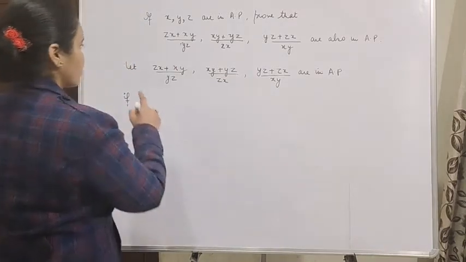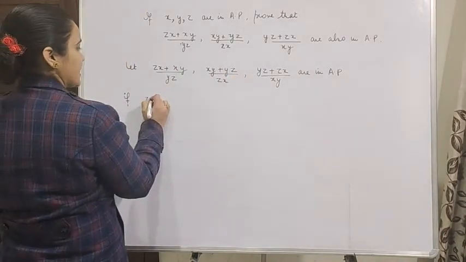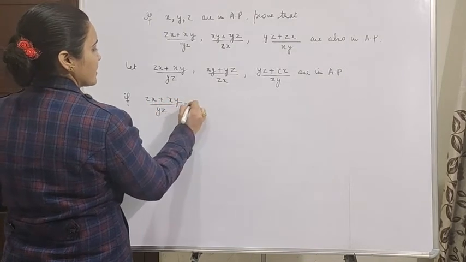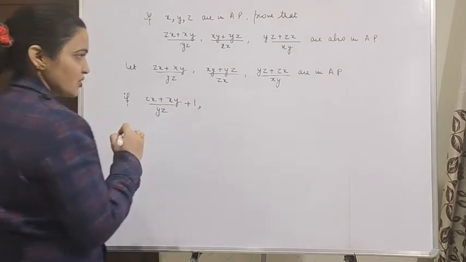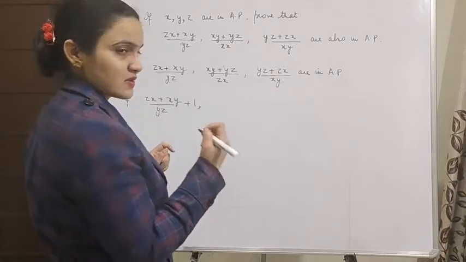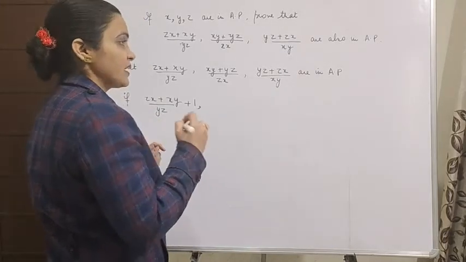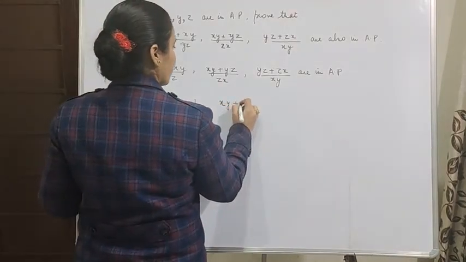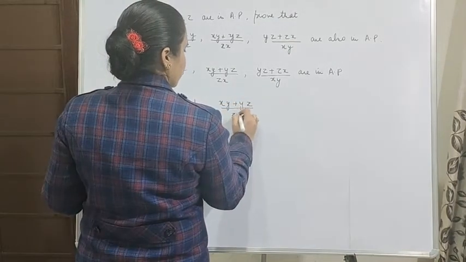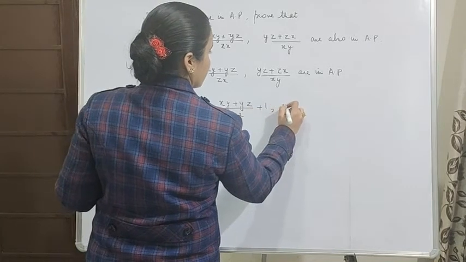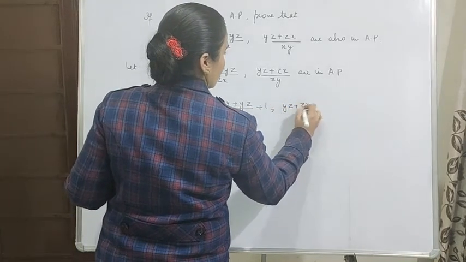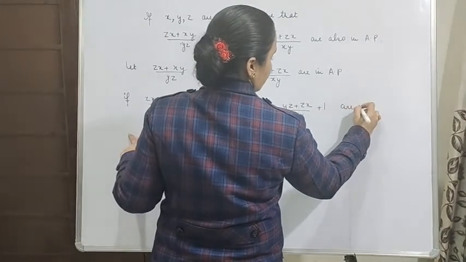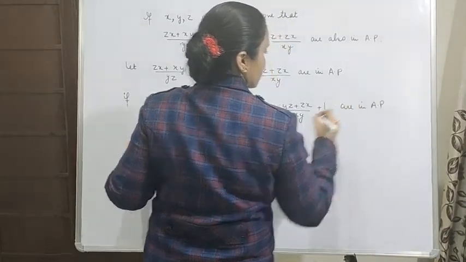ठीक है. सो दिस इज एन AP, if (zx plus xy) upon yz plus 1, क्योंकि अगर हम कोई भी कांस्टेंट ऐड करते हैं, सब्ट्रैक्ट करते हैं, मल्टीप्लाई या डिवाइड, दैट विल नॉट चेंज अवर अर्थमेटिक प्रोग्रेशन. This will again remain in AP: (zx plus xy) upon yz plus 1, (xy plus yz) upon zx plus 1, and (yz plus zx) upon xy plus 1 are in AP. This remains in AP.